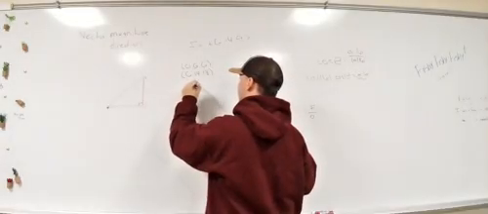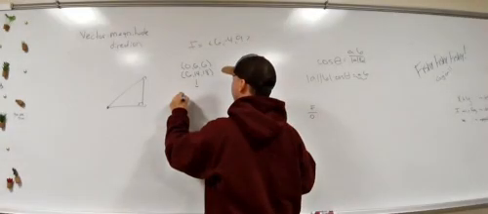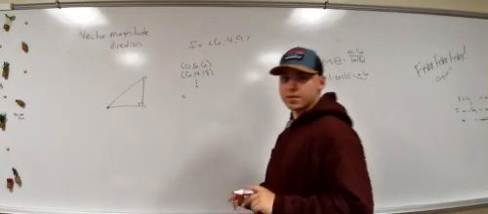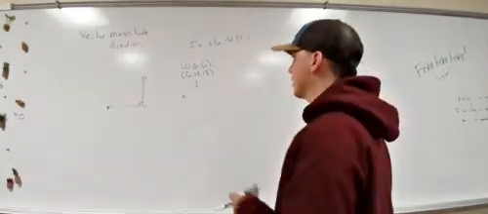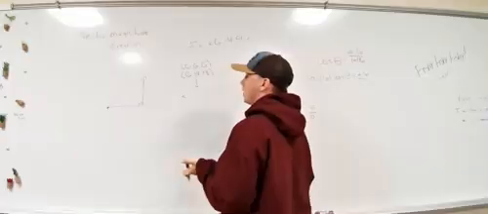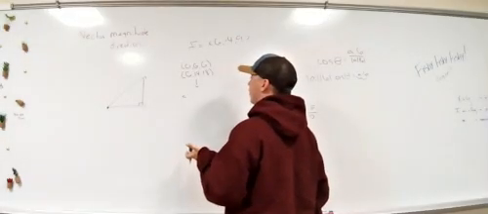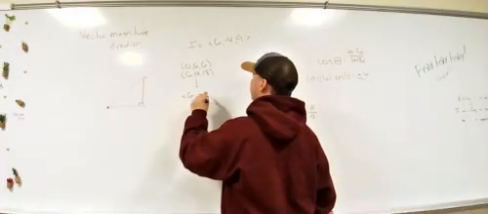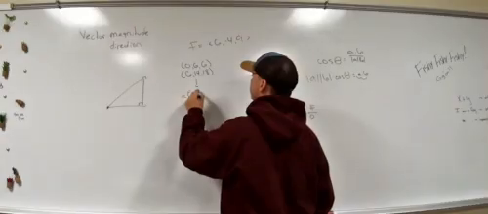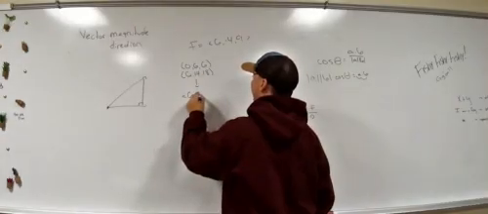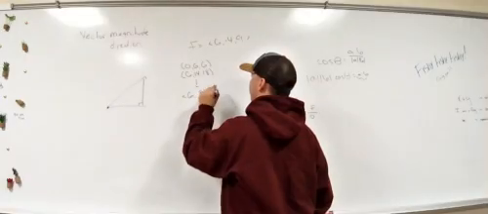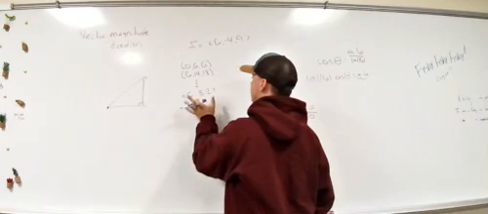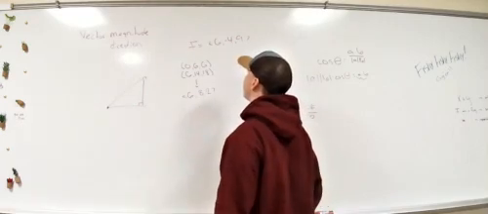The displacement vector is just going to be x2 minus x1, y2 minus y1, and so on. So we're going to get 6, we're going to get 8, and we're going to get 2. So this is our new vector. It's that one.